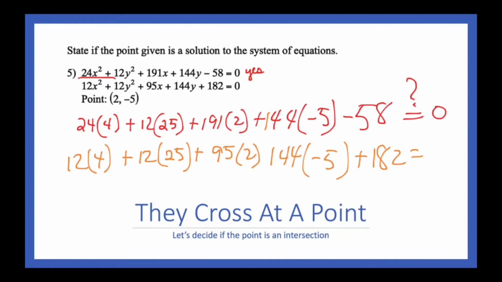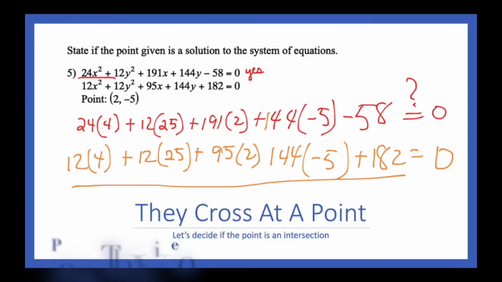Go ahead and plug all this into your calculator, and you should get a 0 if this point does satisfy the equation. So go ahead and pause the video and find out.